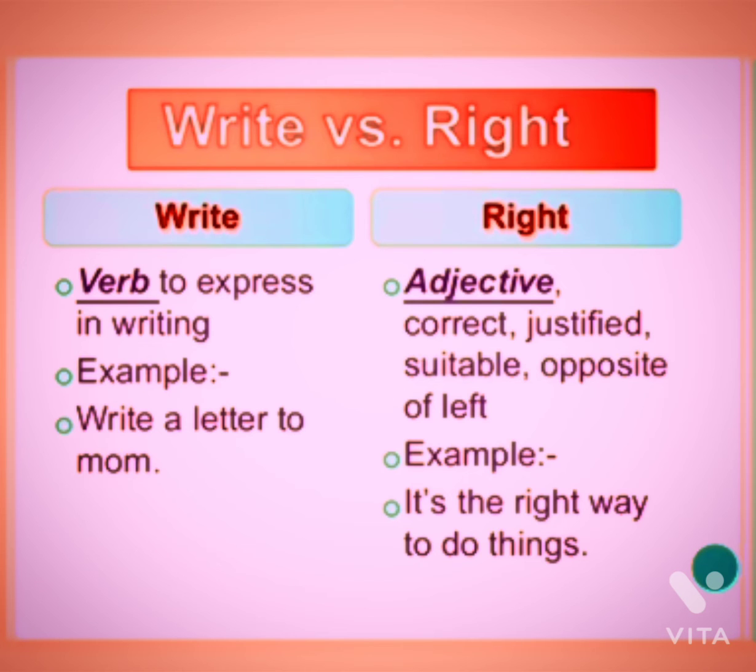And R-I-G-H-T is an adjective that means correct, justified, suitable, and the opposite of left also. And how to use it? It's the right way to do things. Means it's the correct way to do things, and the spelling is R-I-G-H-T.